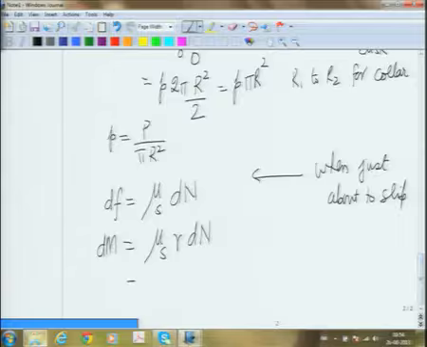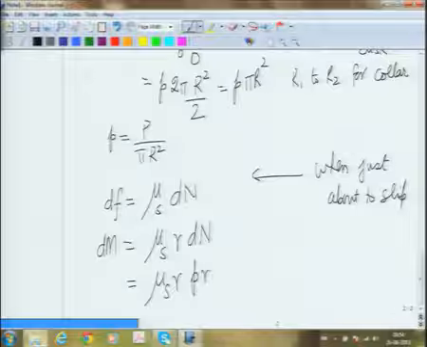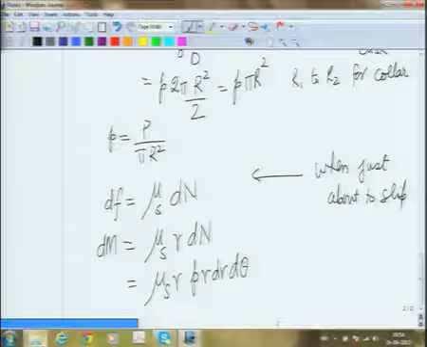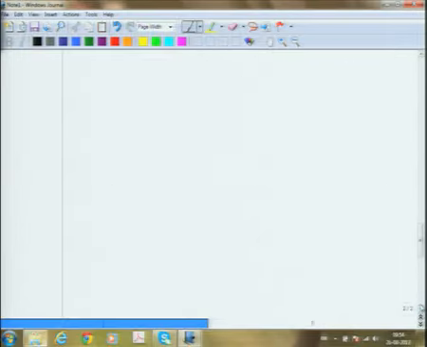So, this will be equal to mu s multiplied by r times dn. dn is p multiplied by r dr d theta. So, I am just copying that from the top.